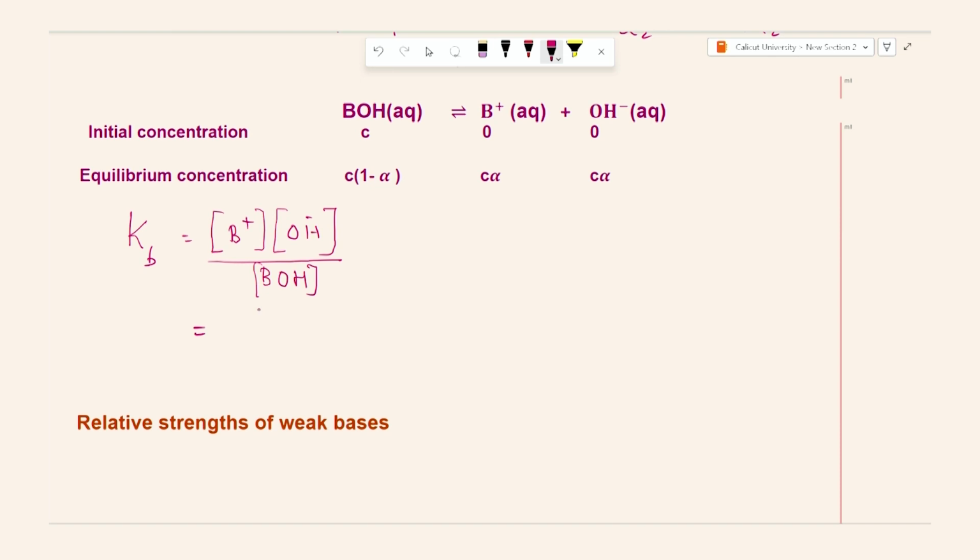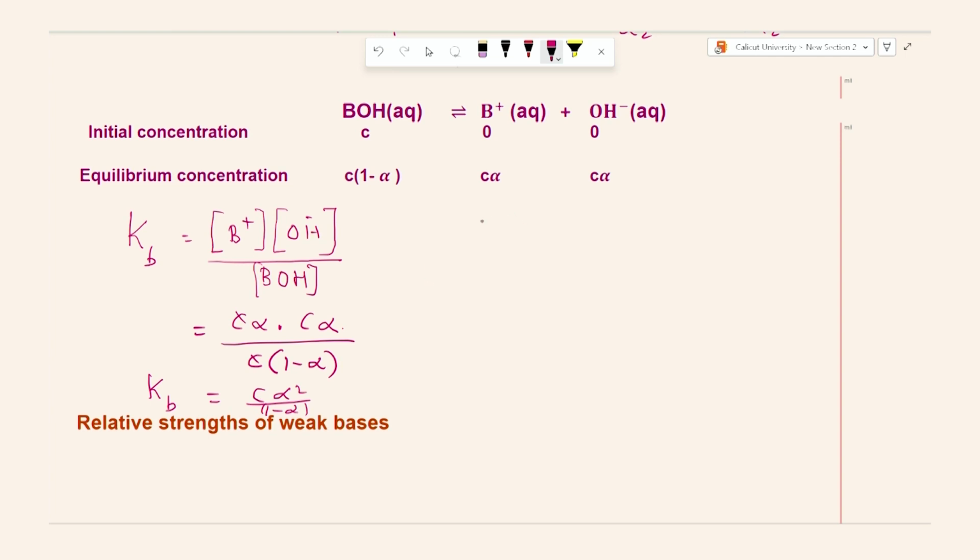Concentration of B plus is C alpha into C alpha, whole divided by C into 1 minus alpha. Here one C gets cancelled and the value becomes C alpha square by 1 minus alpha. This is the same expression which we got for Ka. In this case it is Kb and in the other case it was Ka.